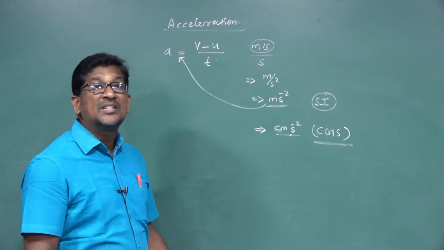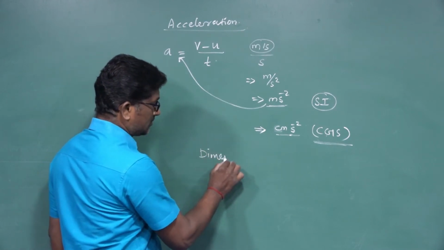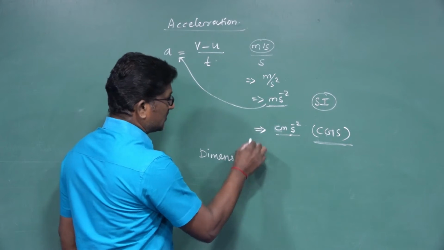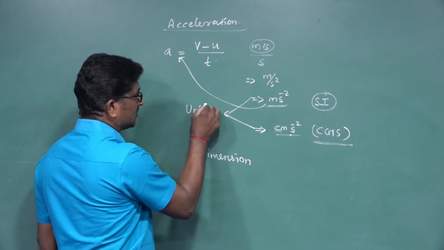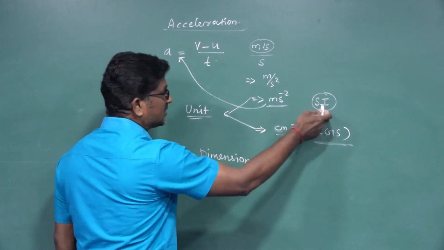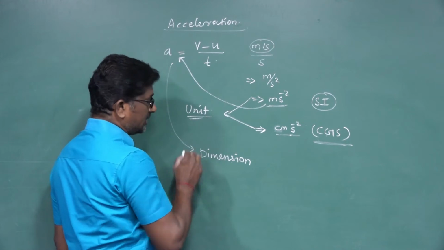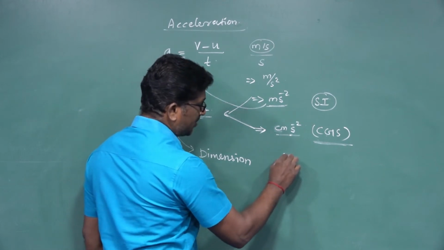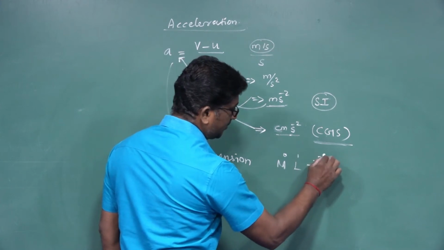And what is the dimensional formula for acceleration? So these two are the units in the SI system and the CGS system. And the dimension of acceleration is M power 0, L power 1 and T power minus 2.